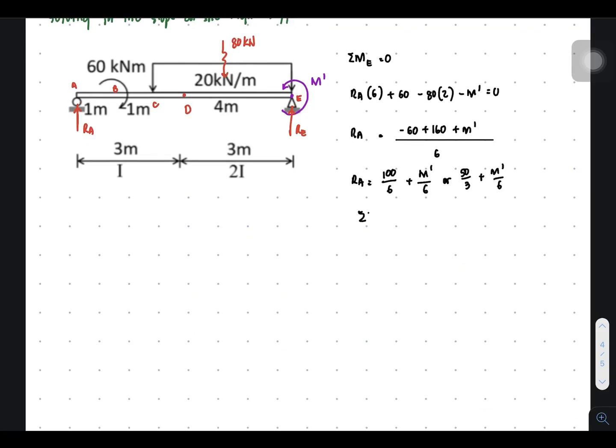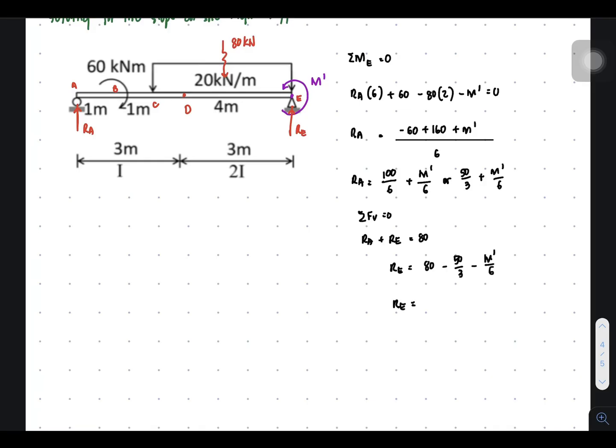Then let's solve for RE by having the summation of forces vertical equal to 0. You will have RA plus RE equal to 80. And since RA is already known, then we have 80 minus 50 over 3 and m prime over 6.